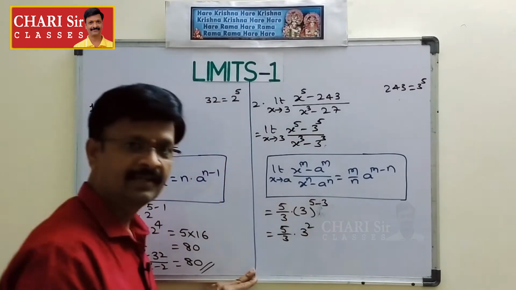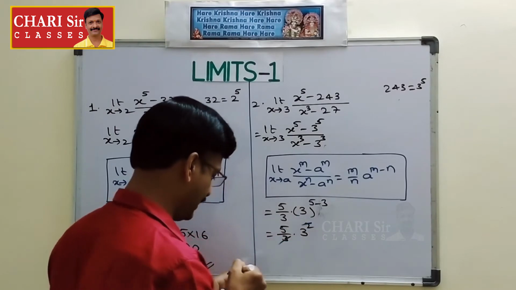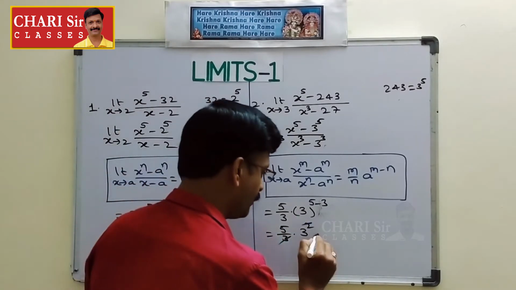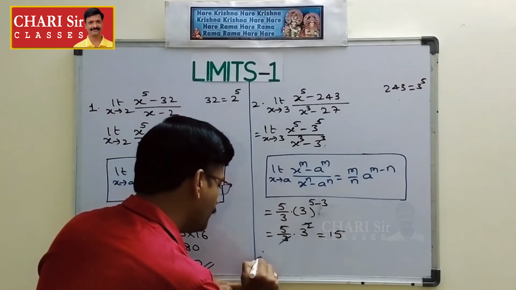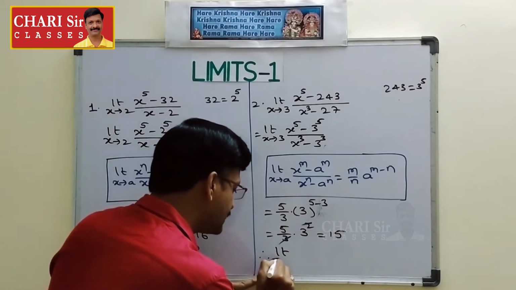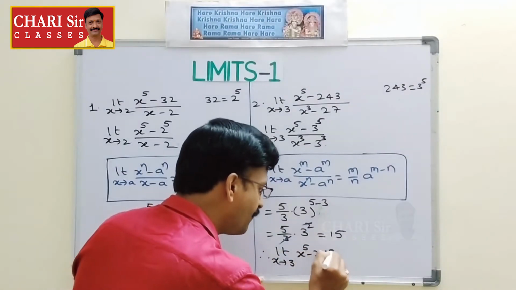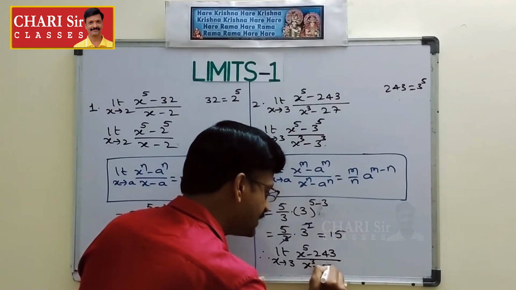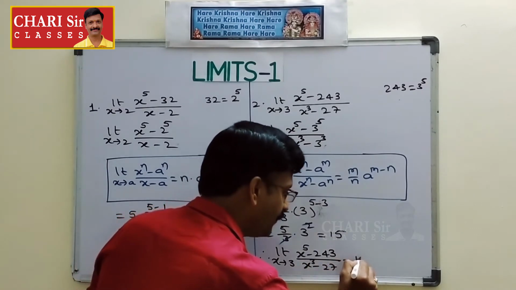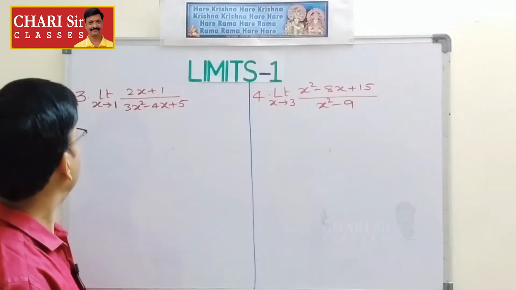Now you can cancel this 3 and this square, which is equal to 5 into 3, 15. Therefore, finally, the result: limit x tends to 3, (x to the power of 5 minus 243) by (x cube minus 27) is equal to 15. This is the limit of this given function.